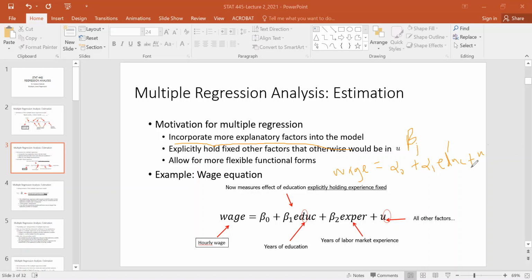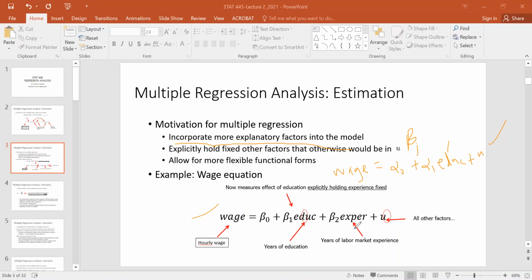And then somebody says, you are saying this is the difference in wages if education differs by 1, but you haven't taken into account the work experience of the people in the study. And you say, oh, okay, that might be a deficiency. So let me move away from simple regression to multiple regression, which allows me to take care of the experience variable that somebody has just complained about.